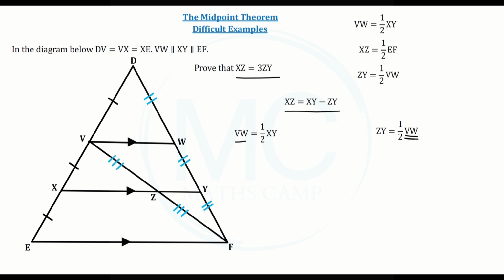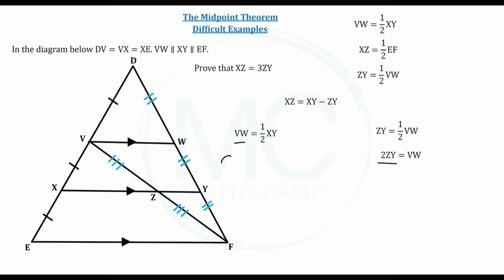So the best place to start is to make VW the subject in one of our equations. So over here, to make VW the subject, let's multiply both sides by 2. Then we say 2ZY is equal to VW. Now we can substitute 2ZY into VW on this side.